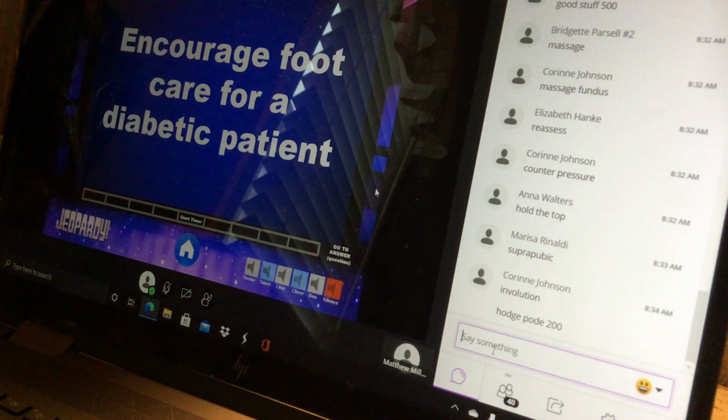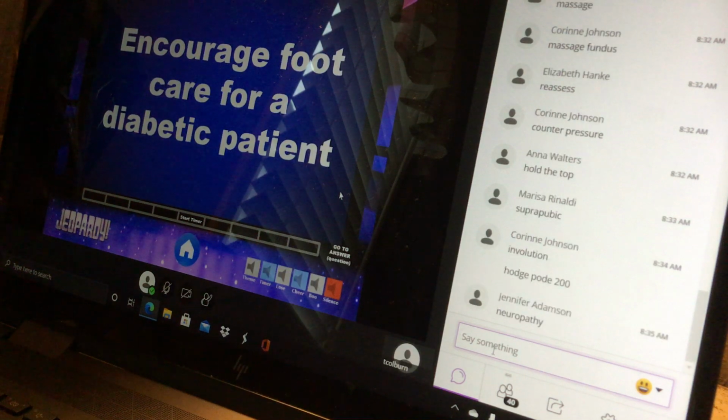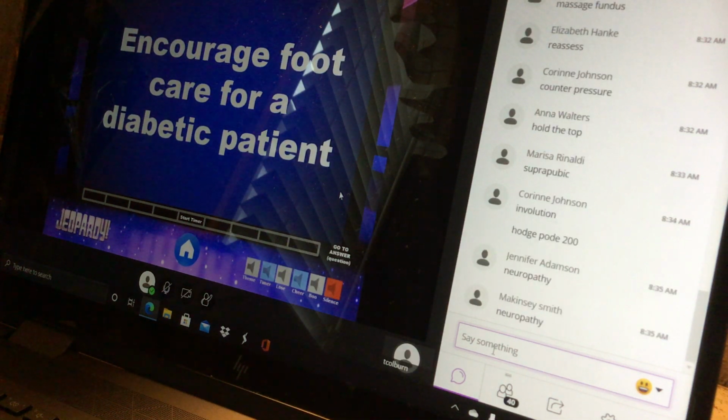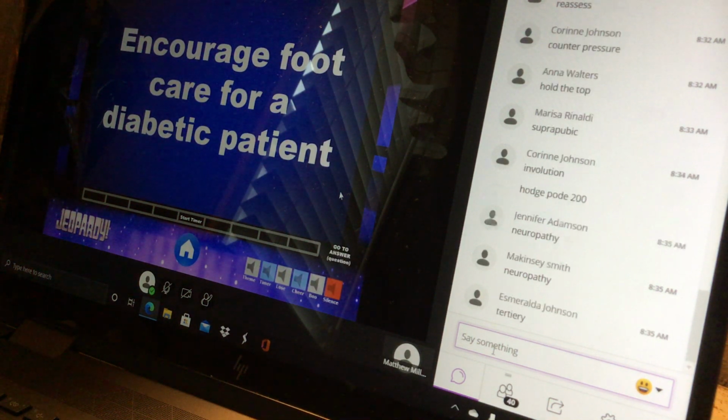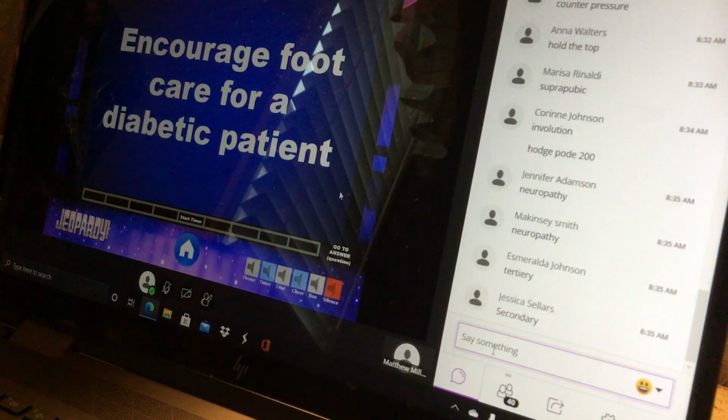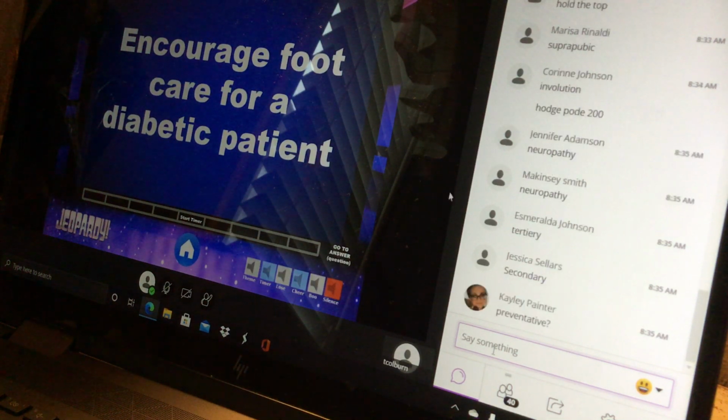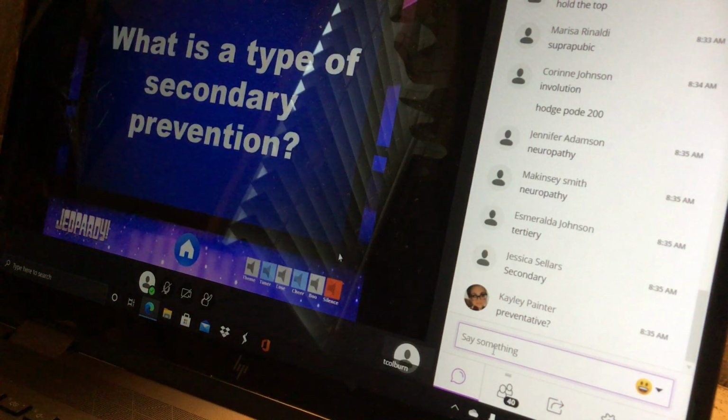They have poor perfusion and poor wound healing. They do have poor perfusion. They have poor wound healing because of diabetes. What kind of health promotion activity would this be? Therapeutic? Good. Somebody said tertiary.